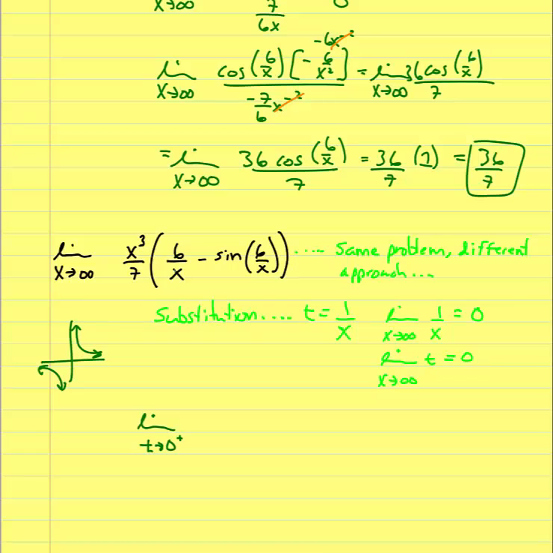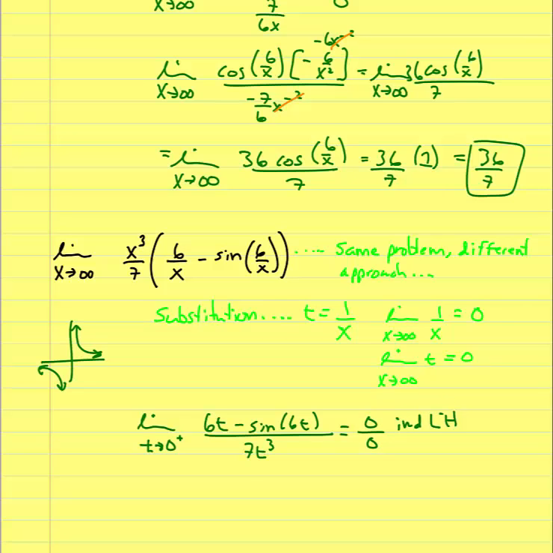So 6 over x would be the same as 6t, because remember t was 1 over x, minus sine of 6t, and this would all be over, okay, so x cubed over 7, if I flip that, would be 7 over x cubed, which would be 7t cubed. Okay, so if you have to run through that algebraically to show that, you can. Now when I take my limit, I get 0 minus 0, which is 0. 0 over 0 is an indeterminate L'Hopital's.